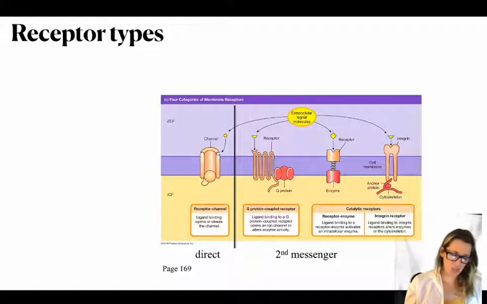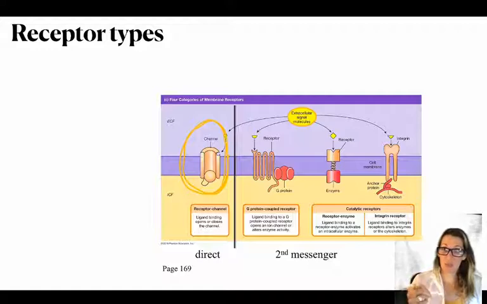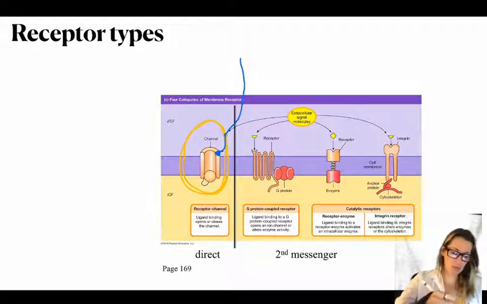You've seen the channel receptors. We've talked about this one already, or a channel protein. So what can happen is that this channel protein that we discussed previously can have a chemical messenger come and bind, and I'm drawing this blue because these are in the membrane, so this is going to be water soluble because these are not inside the cell.